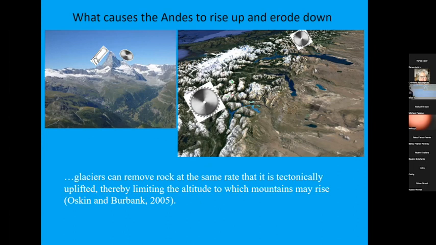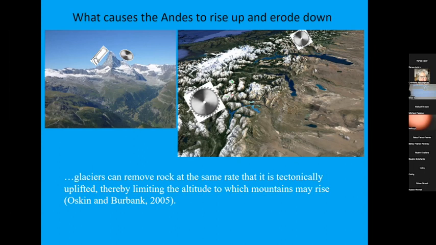This idea has been in the literature for a while, the buzzsaw hypothesis. It's one of the things we're really interested in this project: how the Andes evolve in part due to this buzzsaw idea that glaciers, because they erode, might limit the height of mountains, or just in general, really play a key role in how mountains change.